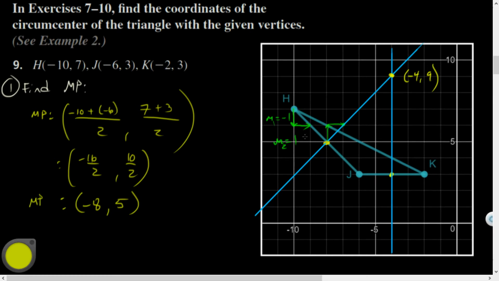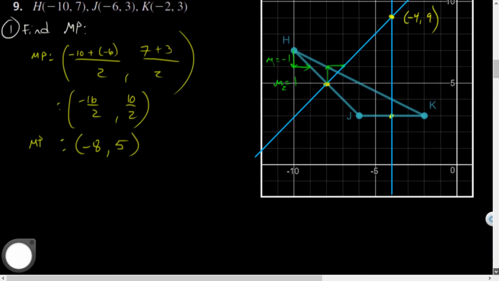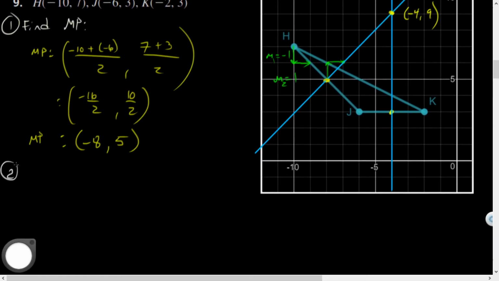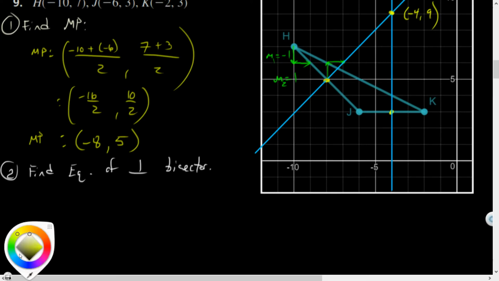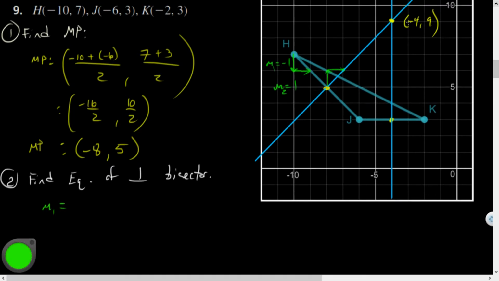Now, if I want to find the equation of this perpendicular bisector, we've done that before. Find equation of perpendicular bisector. So I know that the slope of HJ I could have found algebraically as well.